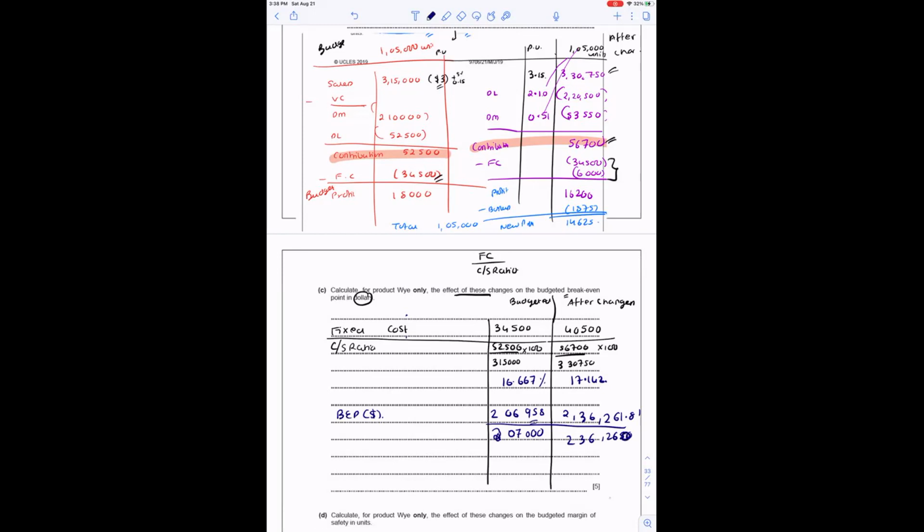What is the difference in the break-even point in dollars? Just minus it. 2,36,260 minus 2,07,000. You will get 29,260.